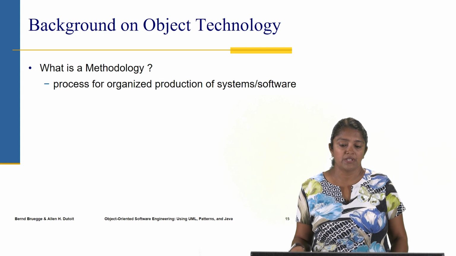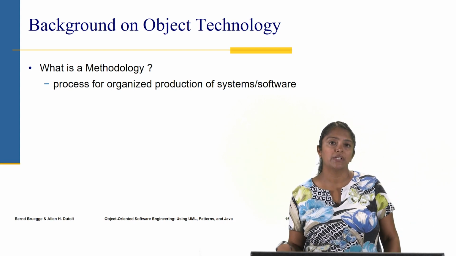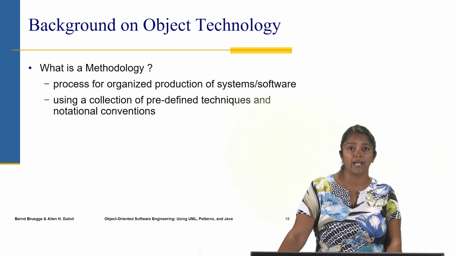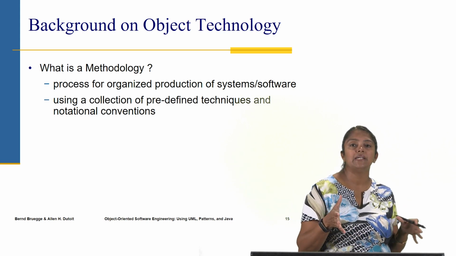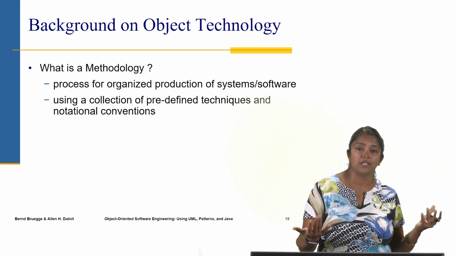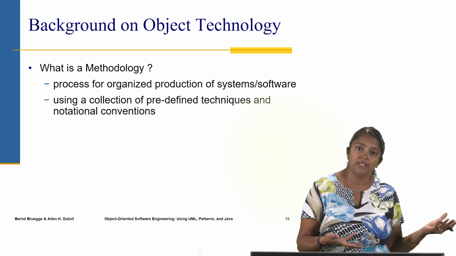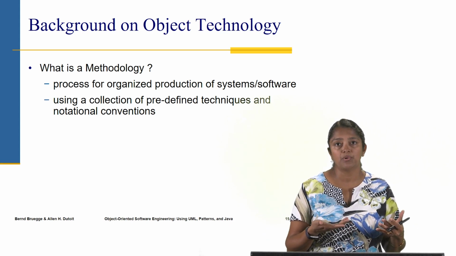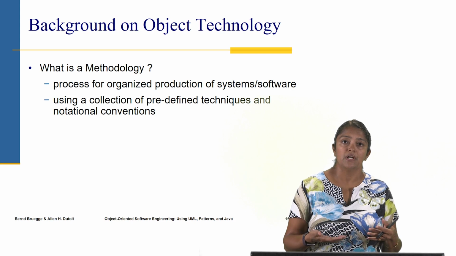So this methodology is the process of organized production of software. We're going to use a collection of these predefined techniques and notational conventions. With object-oriented technology, there is a set of predefined techniques of how the programming is done, and the notation is provided through the programming language that's being used.